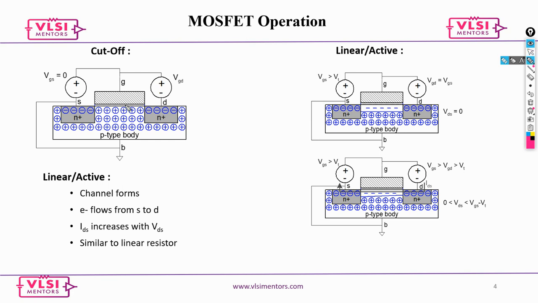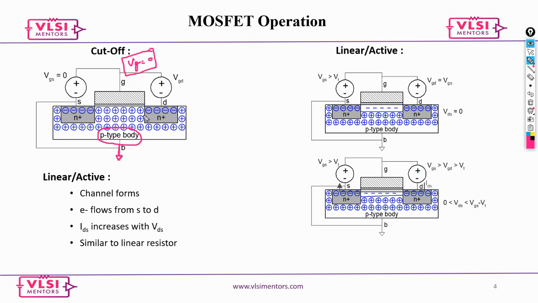Assuming you look at this, there is no channel. This is a p-type body, and this p-type body is grounded. There is no channel, because you are not supplying anything, so your VG is at zero.